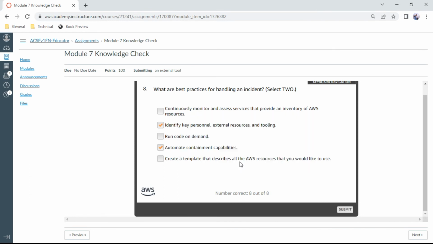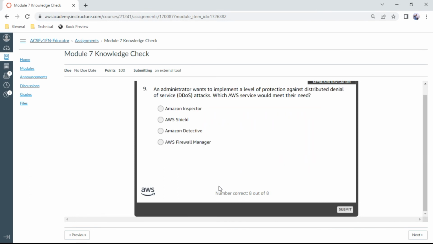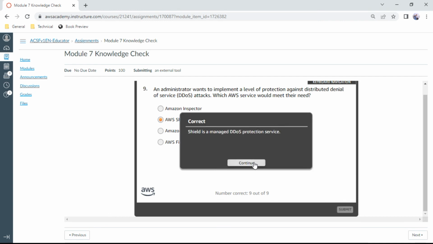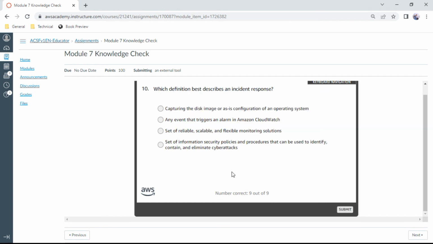Okay. The ninth one: an administrator wants to implement a level of protection against distributed denial of service attacks, DDoS. Which AWS service would meet their need? This is Shield. Yeah. 10th one: which definition best describes incident response?